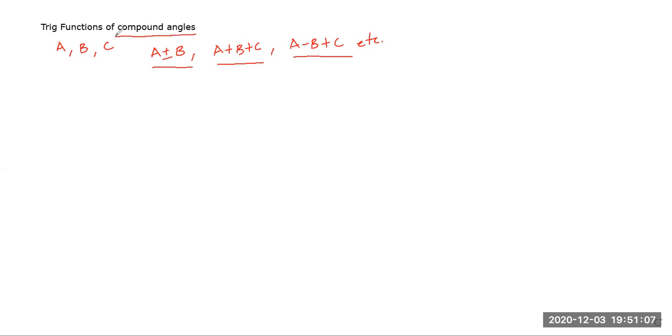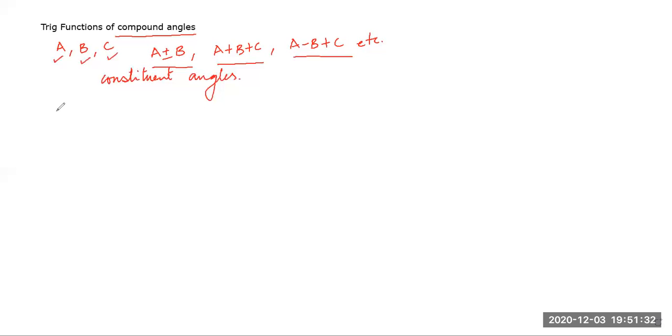And these angles A, B, C we call constituent angles. So now we are going to discuss some important formulas for trigonometric functions of compound angles, right?